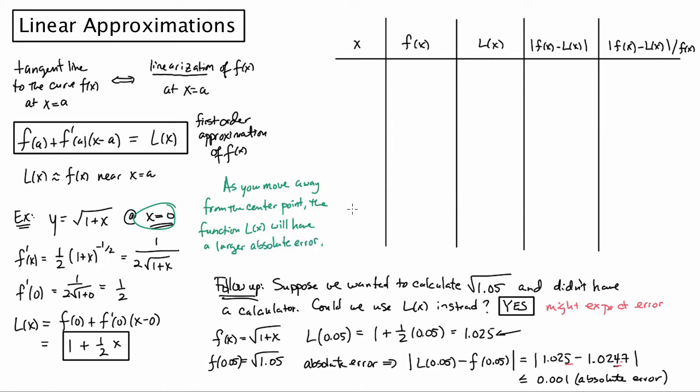In other words, that linearization is only good near 0. If you try to get too far away from it, then you're going to introduce more error into your approximation.